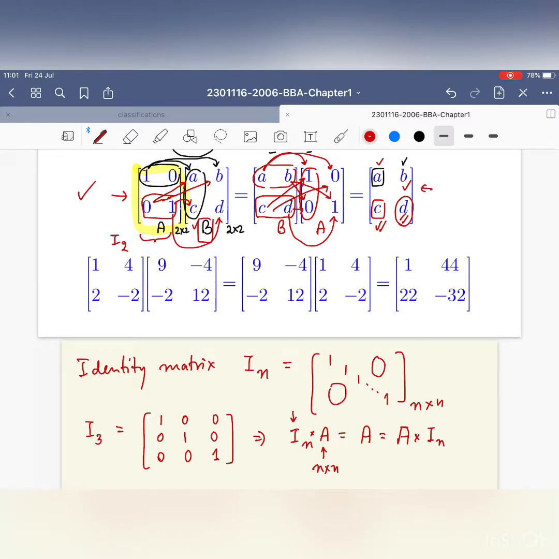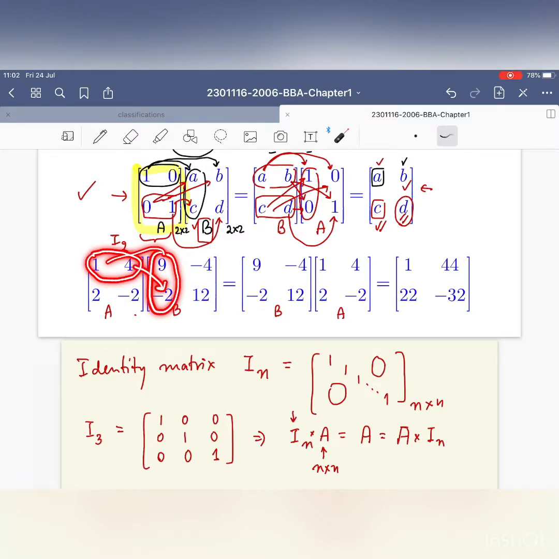And another example, this is a very special case, okay? There will be some pairs where A times B and B times A are the same. So let's look at this one. Here the first row and the first column: you get 1 and 9, which is 9, and 4 and -2, which is -8.